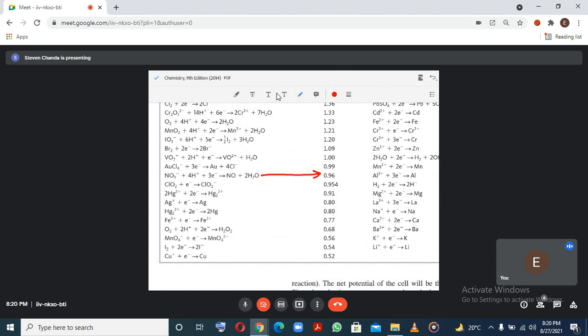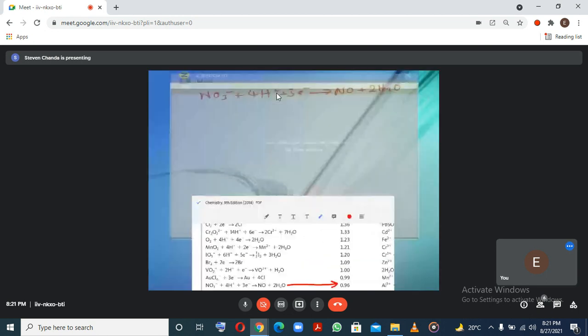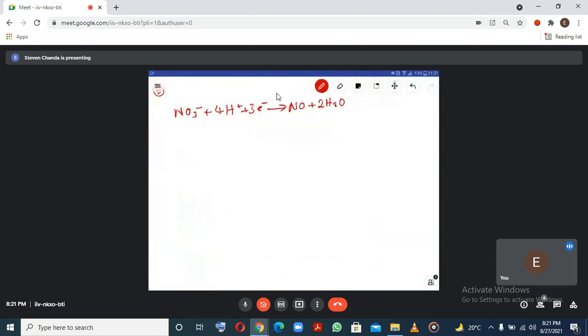You can see that it's positive there. I know it's good never to take things for granted. So we know the E value is 0.96 volts. Then for the gold, remember everything is written from the perspective of reduction.